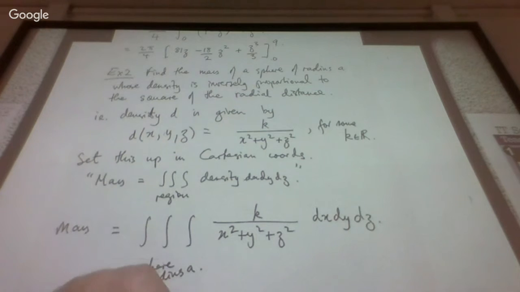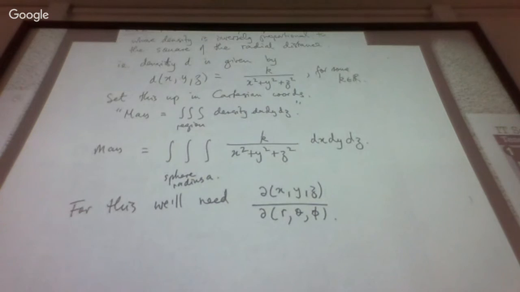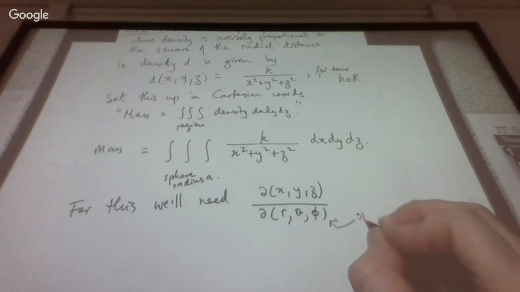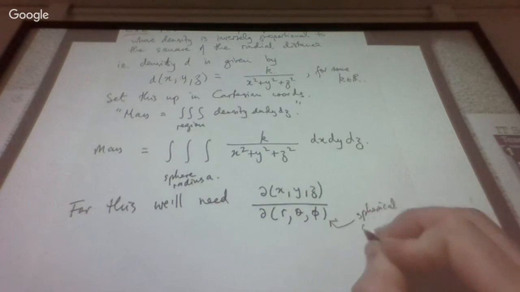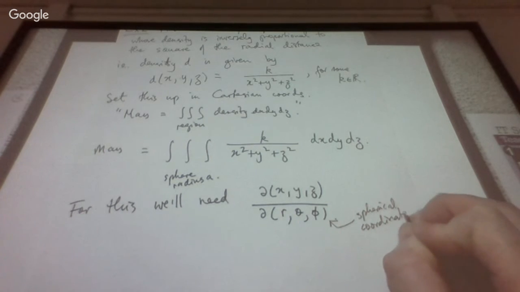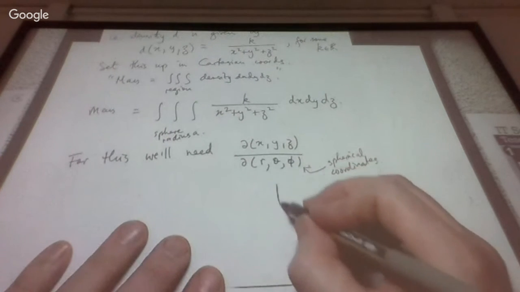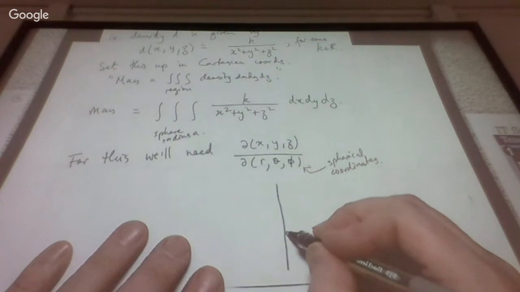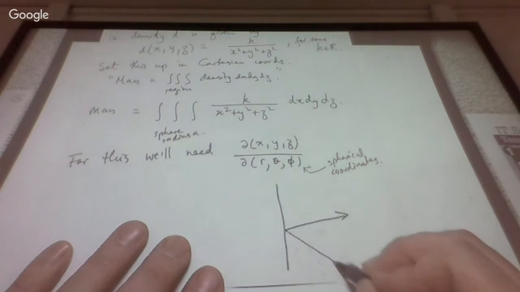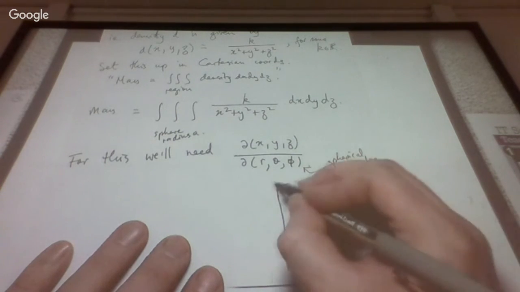So for this, we'll need the Jacobian of the transformation from Cartesian into spherical polar coordinates. So those are spherical polar coordinates, or just spherical coordinates. Remind you, the spherical coordinates were r, theta, phi.